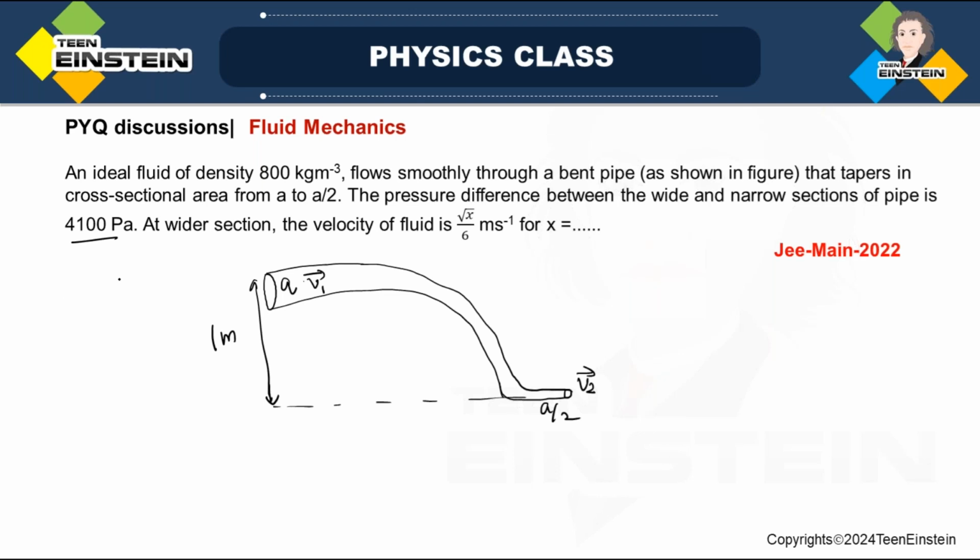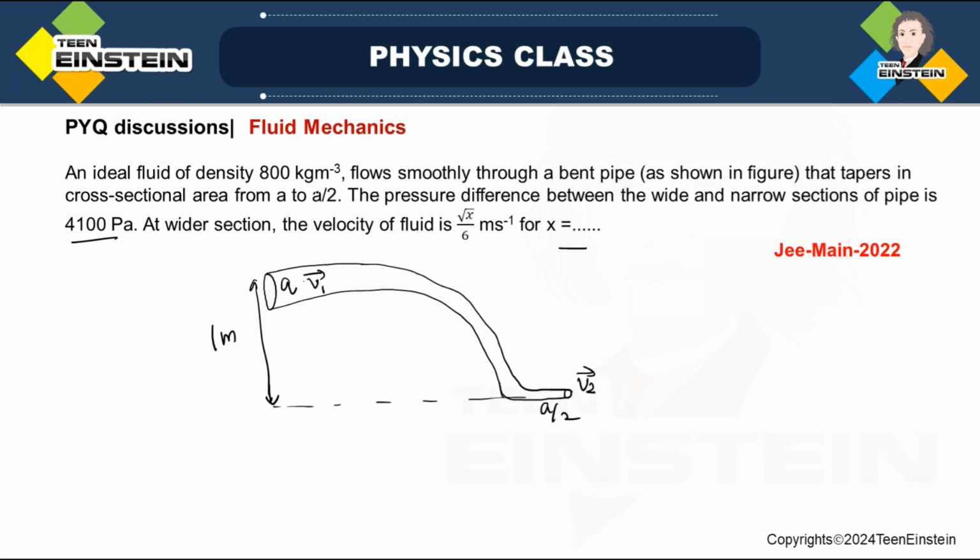At the wider section, the velocity of the fluid is this much. And what is the value of x then? This is actually a very simple question. So what you have to do here, you know, right?